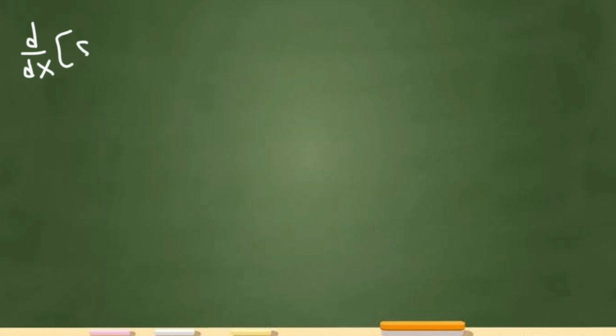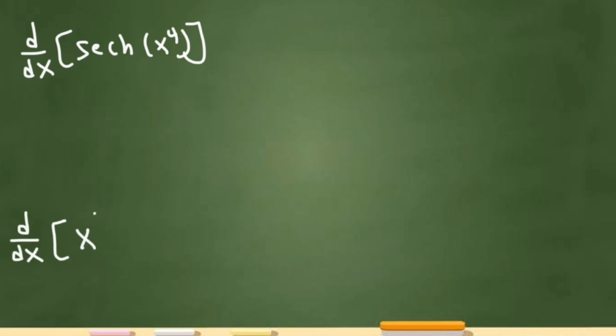Go ahead and find the derivative of hyperbolic secant of x to the 4th. And let's try the derivative of x squared times hyperbolic sine of x.